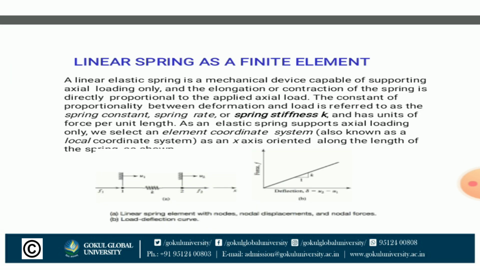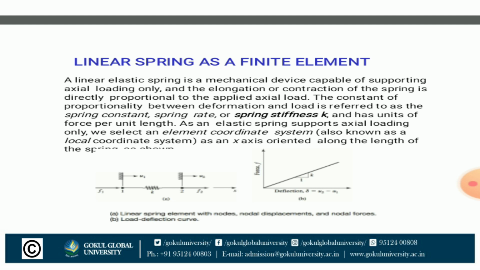A linear elastic spring is a mechanical device capable of supporting axial loading only, and the elongation or contraction of the spring is directly proportional to the applied axial load. The constant of proportionality between deformation and load is referred to as the spring constant. The spring rate, or spring stiffness k, has units of force per unit length.